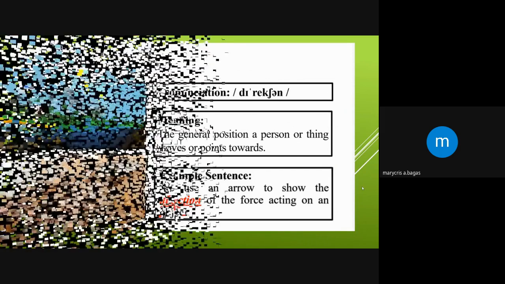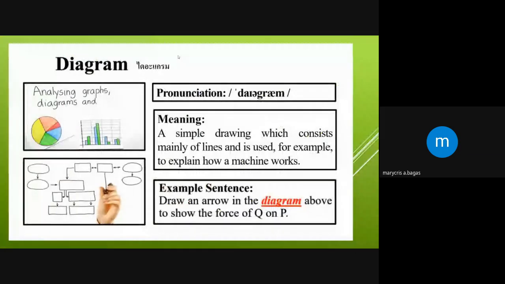Okay, next word is diagram. D I A G R A M. Example sentence, draw an arrow in the diagram above to show the force of Q on P. Okay, so you see on the picture, these are examples of diagram.